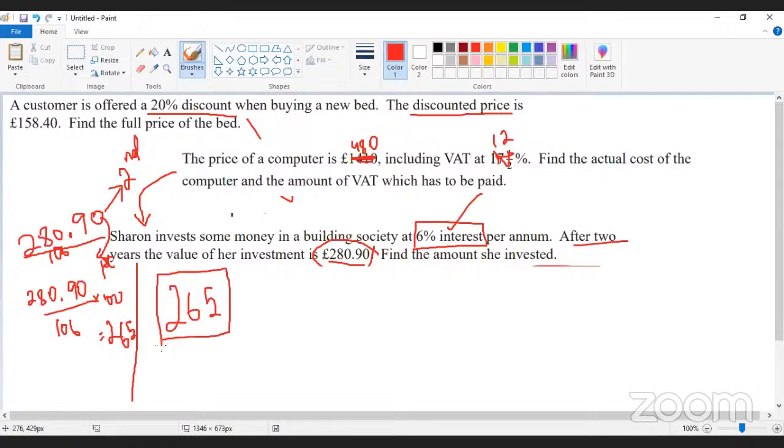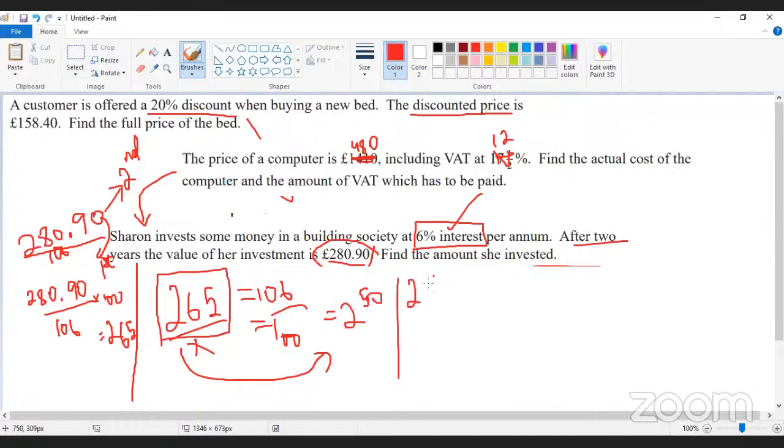Yes, sir. So we are coming back from the first year to the initial year. That means this is also with an interest. That amount is going to be 106. So this is also equal to 106. What is for 100? So I'm reaching the initial stage. So initially I would have invested 250. If I'm going in the forward case, I have invested 250.